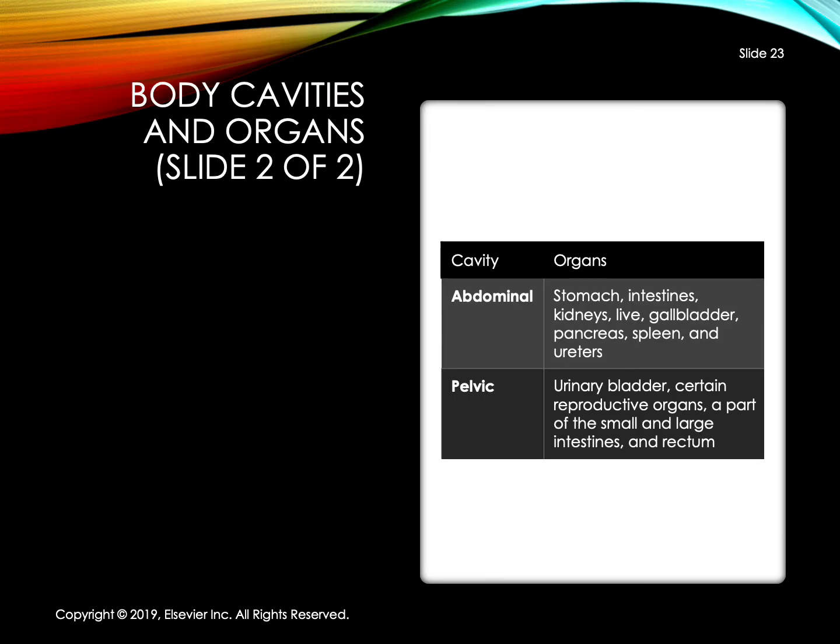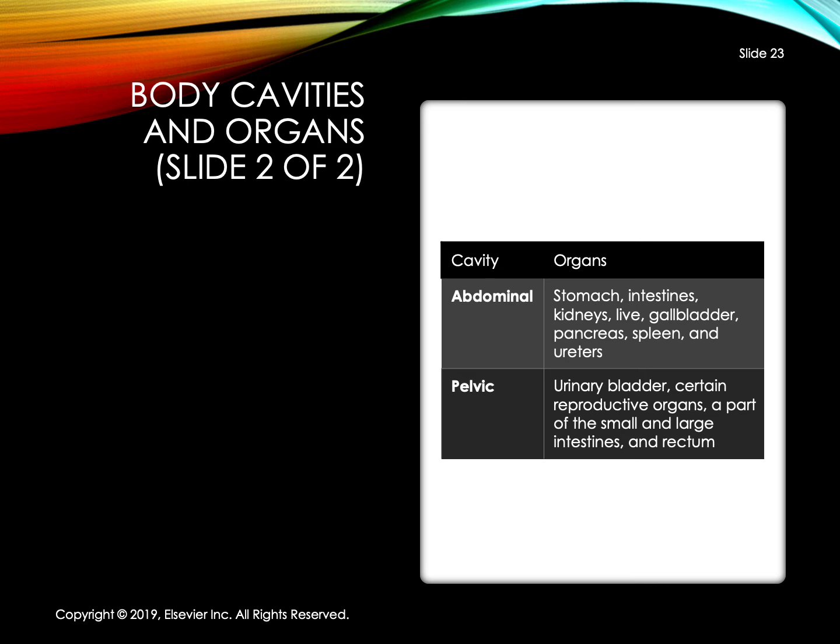Now, a couple more cavities, and these are kind of attached to one another, and that is the abdominal cavity and the pelvic cavity. And a lot of times we will refer to it as the abdominopelvic cavity. And the abdominal cavity, we're talking about around our belly button and up to our diaphragm, right? Our diaphragm is basically located at the bottom of our thoracic cavity, the very top of our abdominal cavity.